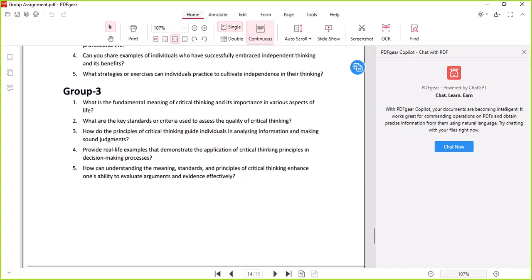Tell me what you understand from the assignment. What's the main point of your assignment? Our main assignment basically tells the class about critical thinking, how it's important for a person, and it lists its standards and the principles of it.